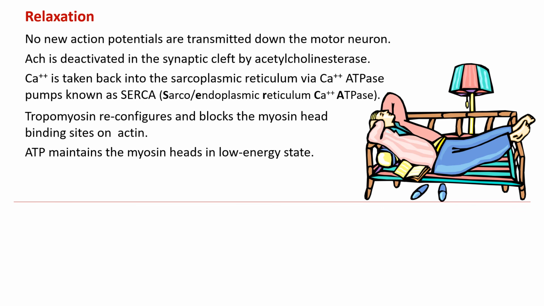If you remember breaking the cross bridge, ATP binds. Normally, if the myosin head binding sites were still exposed, it would be hydrolyzed and off we'd go again. In this case, that last ATP isn't hydrolyzed, so it keeps the myosin heads in that floppy, low energy state. They can have a bit of a rest.